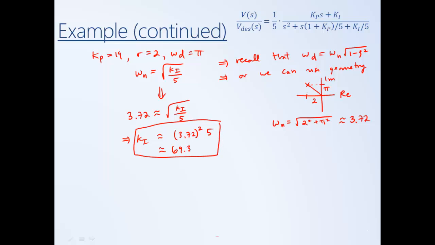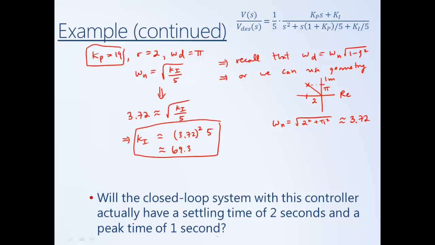Okay. So those are our two choices, at least initially, for our control gains. Kp equals 19 gives us the settle time we desire, and Ki equals 69.3 gives us the peak time we desire. So now the question is, will the closed loop system with this controller actually have a settling time of 2 seconds and a peak time of 1 second?